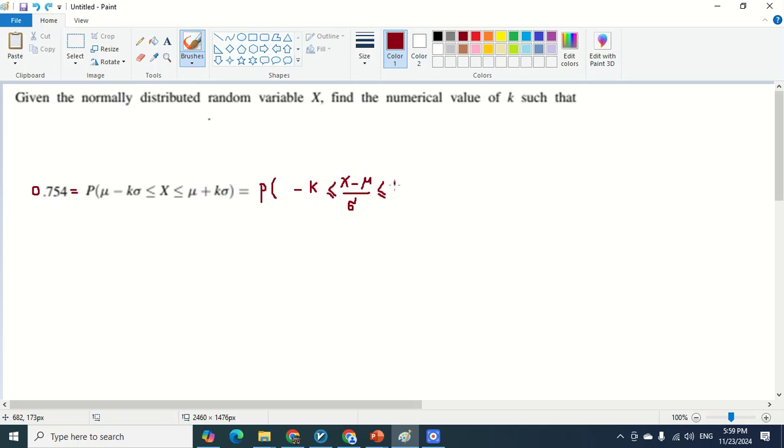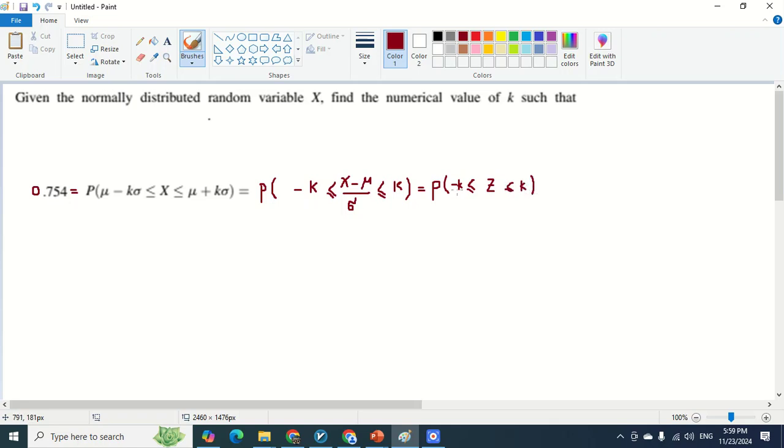So the result at the right side will be k. So at the end of the day, we have this expression that determines the probability of z is between minus k and k. This value is equal to 0.754. I'm looking for that value of k.